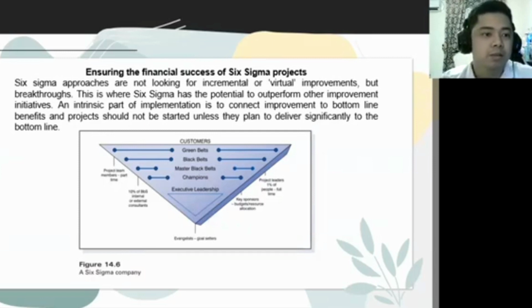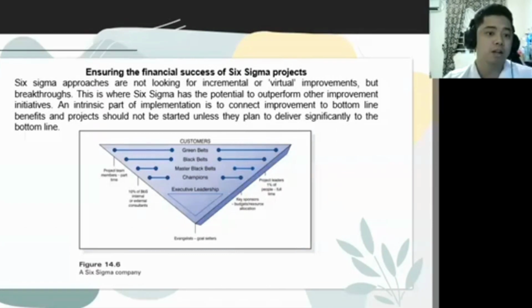So sa 19 po, Six Sigma methodologies are searching for breakthroughs, not gradual or virtual gains. Six Sigma has the ability to outperform the other improvement programs in this area. Connecting improvement to the bottom line benefits is an essential aspect of implementation, and projects should not be launched unless they are expected to have a major impact on the bottom line.